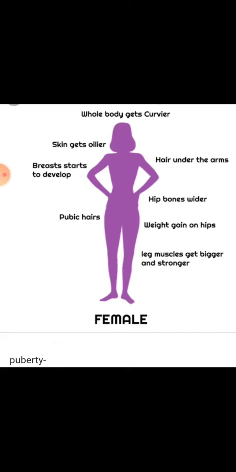Pelvic region means hip region. The body becomes more rounded. The ovaries mature and start ovulation. Menstrual cycle also begins. The ovaries produce female sex hormones, that is estrogen and progesterone. The voice usually becomes high pitched, that is shrill.